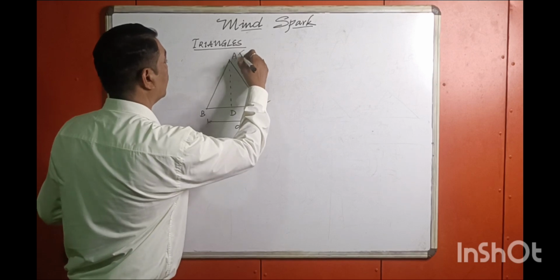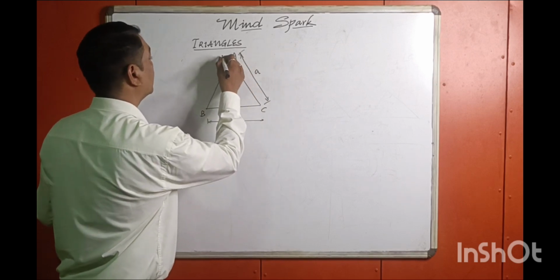All sides are equal. In an equilateral triangle, all sides are equal.